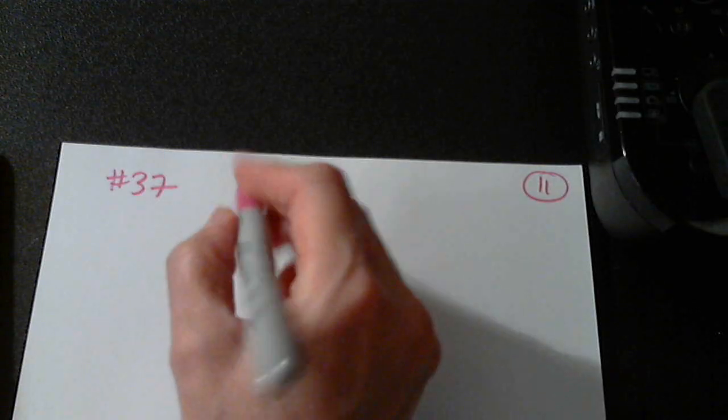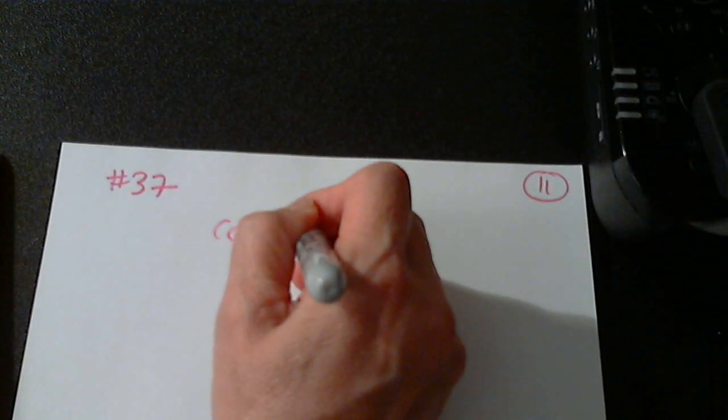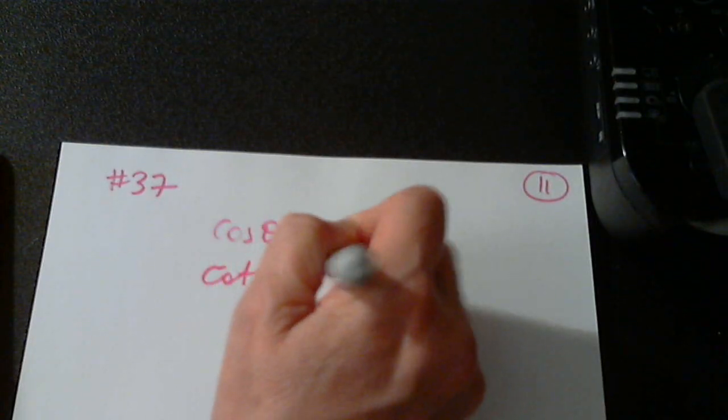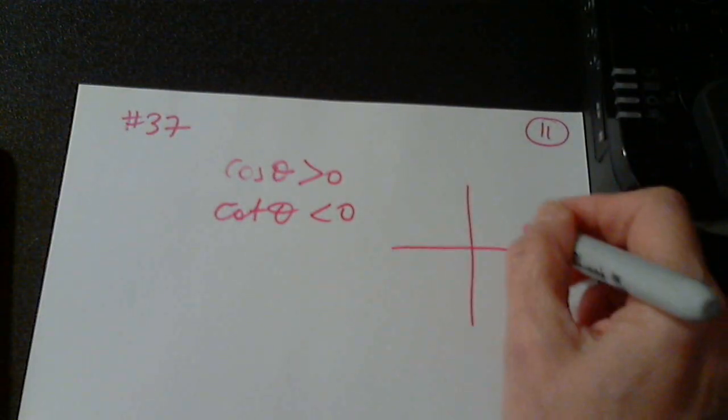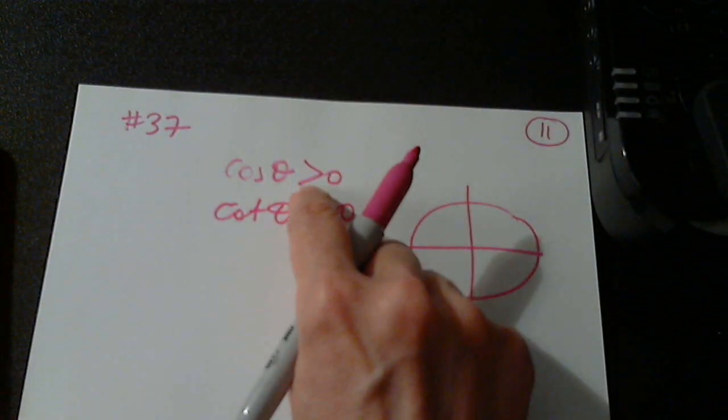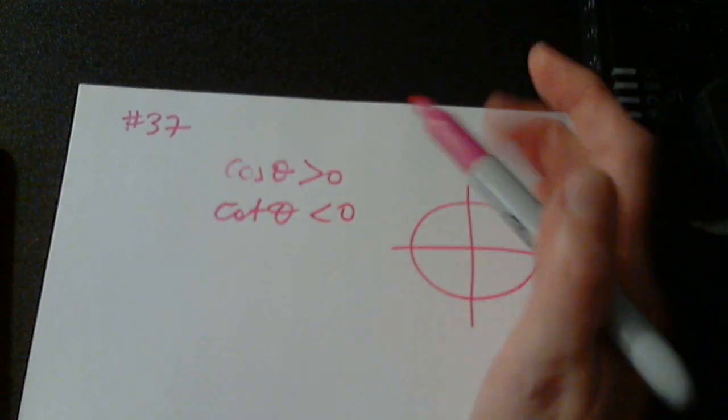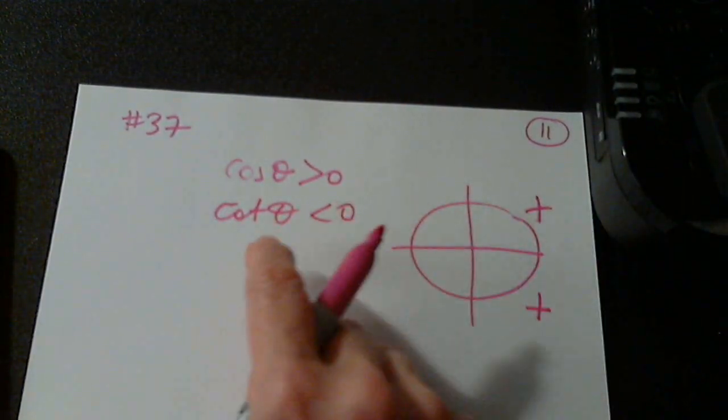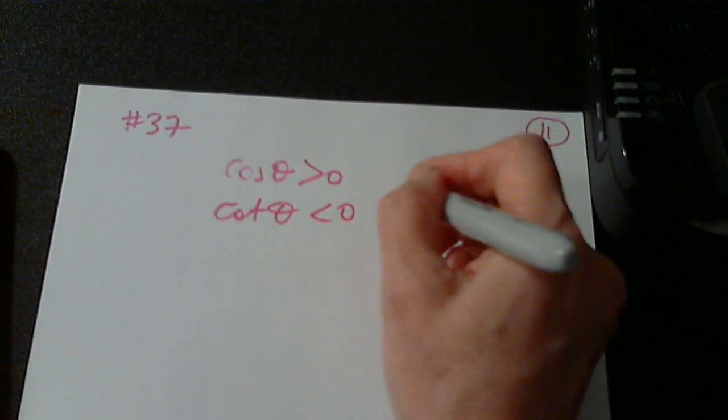In 37, we have cosine theta, they say, is positive. Cotangent theta is negative. Perfect. Draw the circle. Cosine is positive. Cotangent is negative.